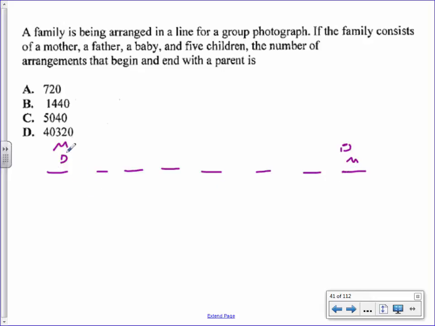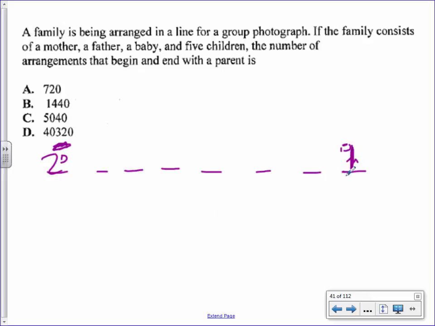How many choices do you have for this first slot then, if you can be mom or dad? 2. Okay, well let's say you chose mom. Well, then the only choice left over here is that this one has to be dad. So it's almost like by default it forces the other one to be a 1. That makes sense? Because if you have a choice of mom or dad here and a choice of mom or dad here, as soon as you choose that mom goes here, then doesn't it mean by default that dad has to go over here?